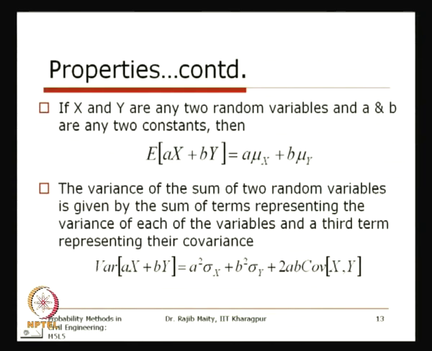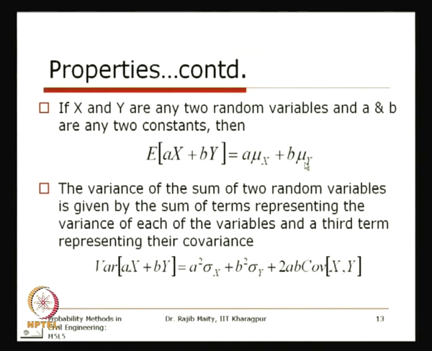Now, some more equations. We discussed these earlier with respect to single random variables. As the number of random variables is now more than one, we will see these properties as well: if x and y are any two random variables and a and b are any two constants, then expectation of ax plus by is equal to a mu x plus b mu y.